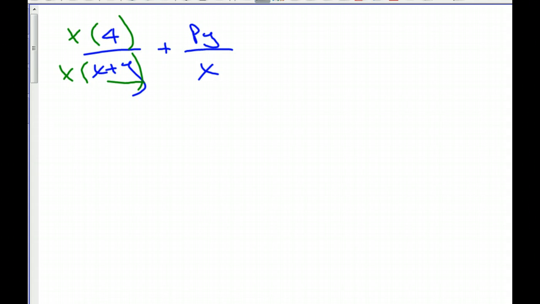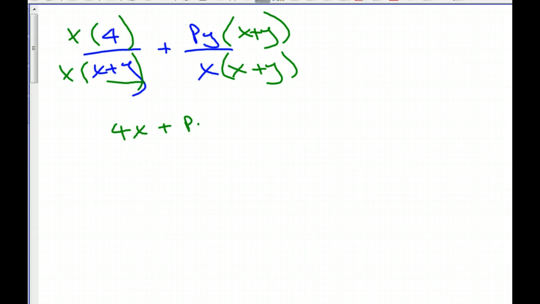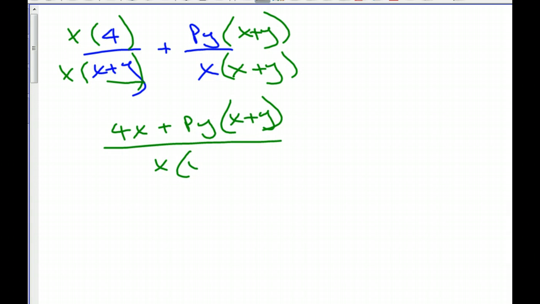One of the key things is putting that in parentheses. They do not split up. And what do I multiply top and bottom by here? X plus y. So I'm given 4x plus py times... okay.